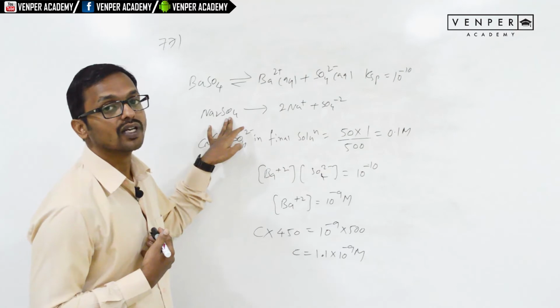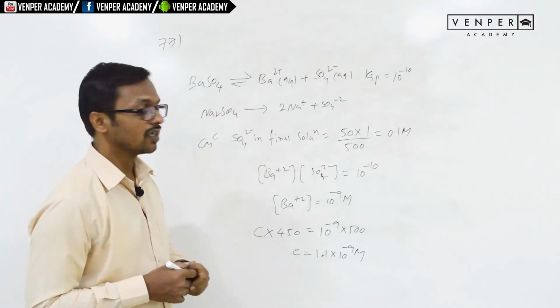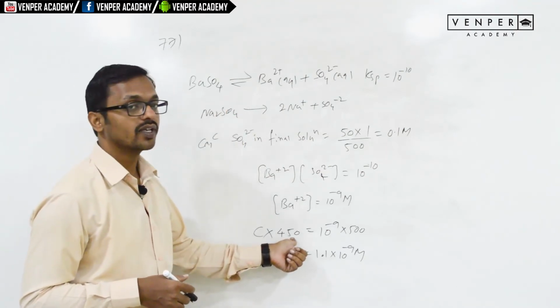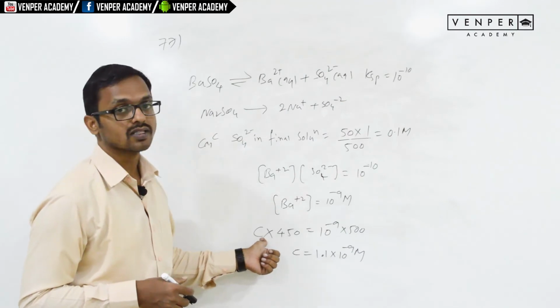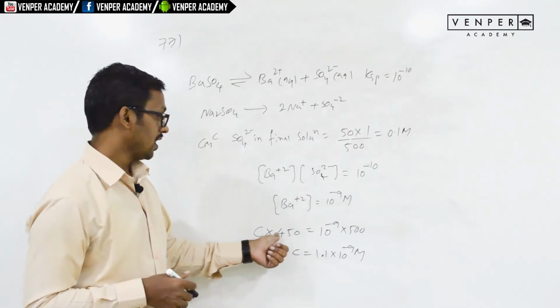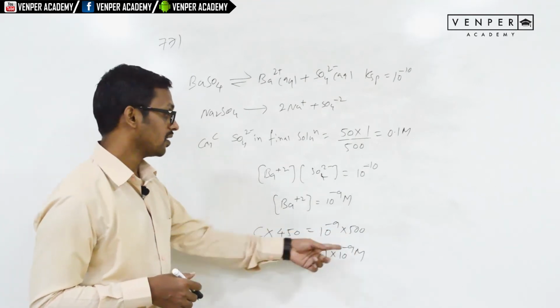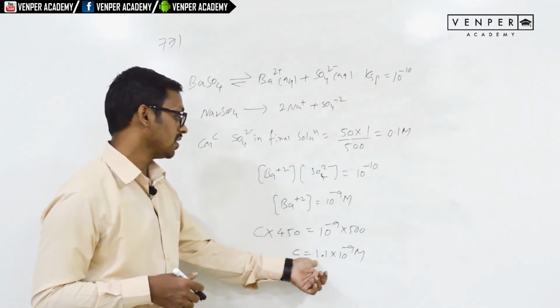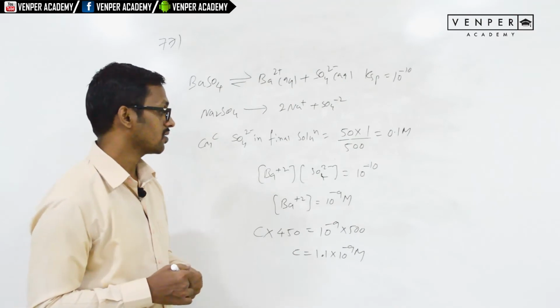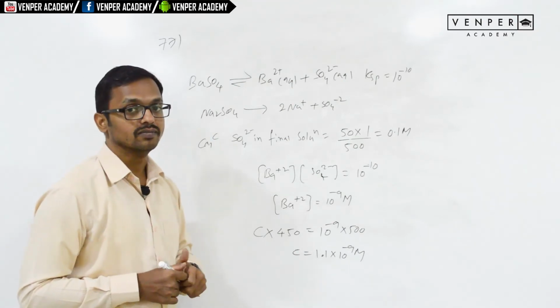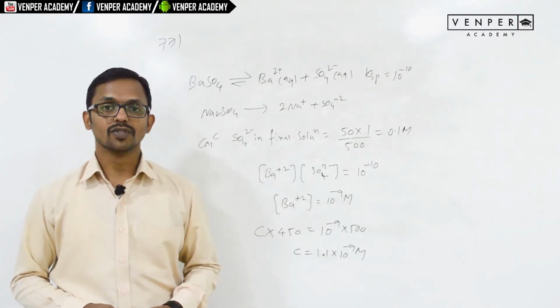So we have 450 ml of solution regarding barium sulfate only. So the concentration into 450, that is what we are going to find out, the concentration of barium 2+ in 450 ml solution is equal to 10 to the power minus 9 into 500 ml solution. So here we are getting C is equal to 1.1 into 10 to the power minus 9 M. In the given 4 options, option 1 is correct.